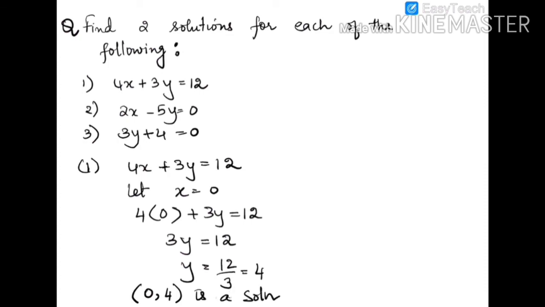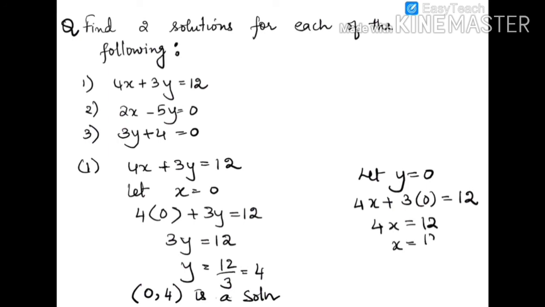To find the second solution, let y be equal to 0. So 4 times x plus 3 times 0 is equal to 12. Substitute value of y in the equation and then solve. So we get 4x equal to 12, or x is equal to 12 upon 4, which is equal to 3.